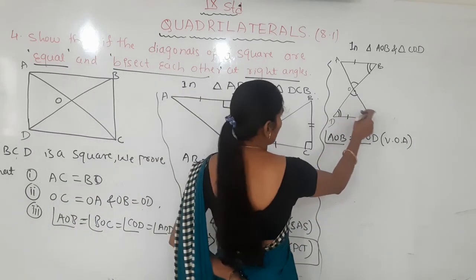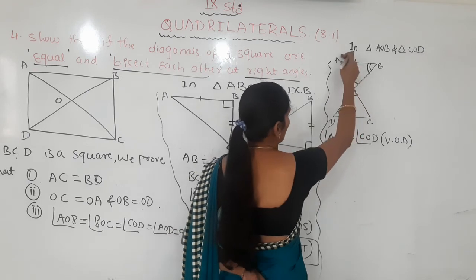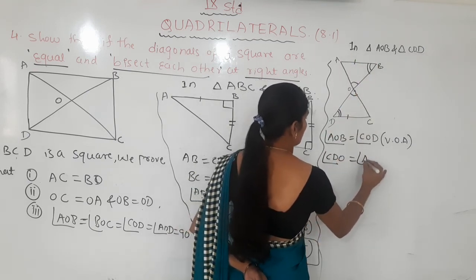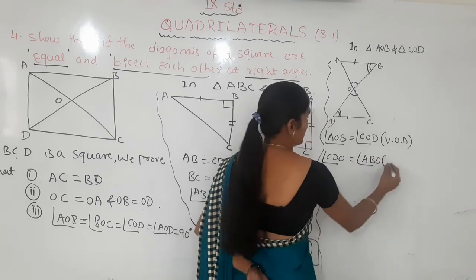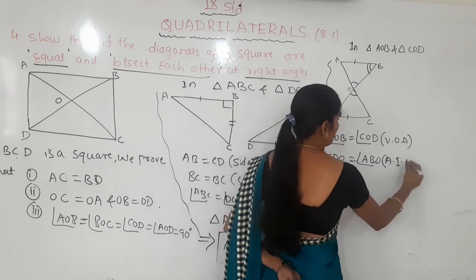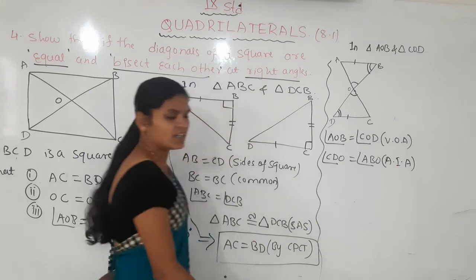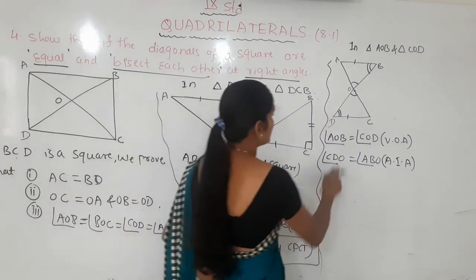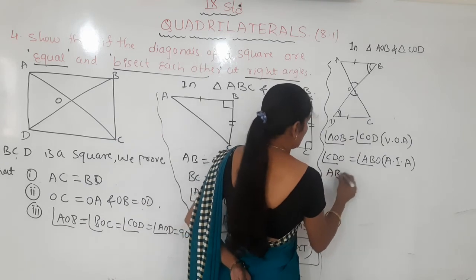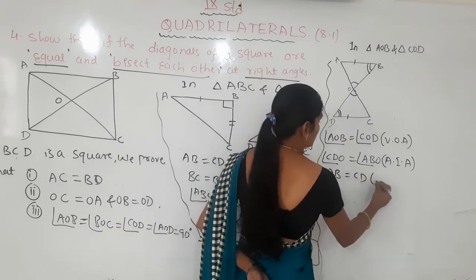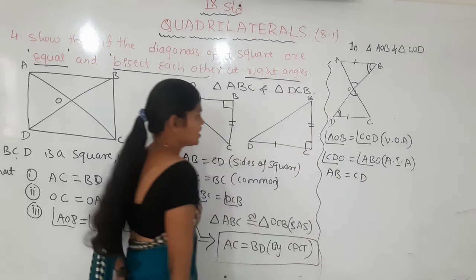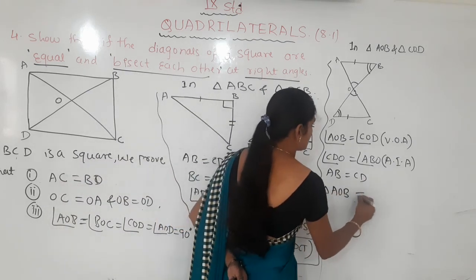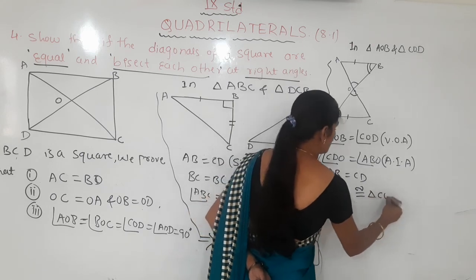And angle CDO is the same as angle ABO. Why? Alternate interior angles, AIA. Then AB is equal to CD. Why? Sides of the square. Then we can conclude triangle AOB is congruent to triangle COD.